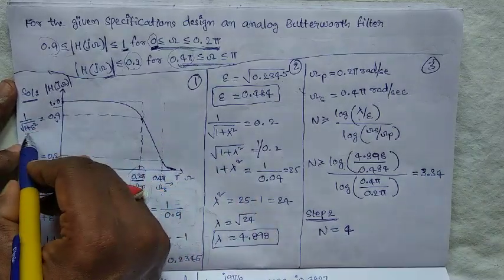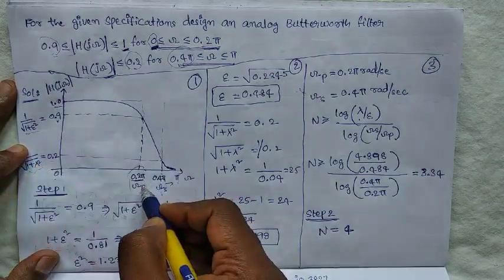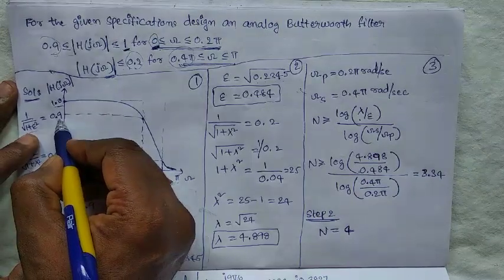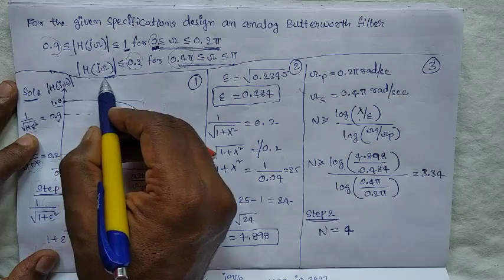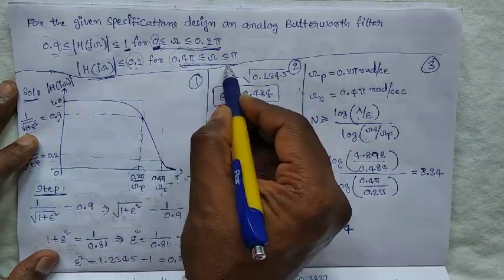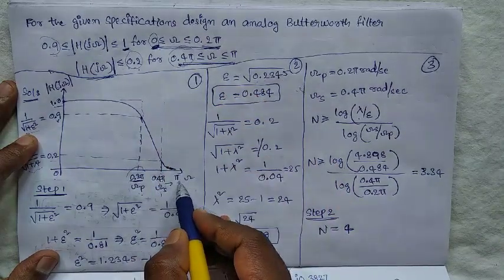Which is equal to, from the idea of the Butterworth filter, at the pass band frequency the magnitude is 1 by square root of 1 plus epsilon square, which is equal to 0.9. Similarly, magnitude of H of j omega is less than or equal to 0.2 in the stop band, 0.4 pi to pi.